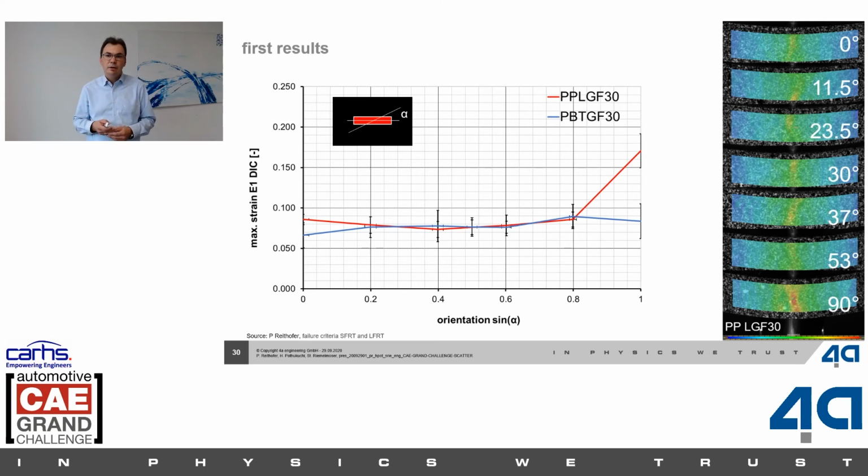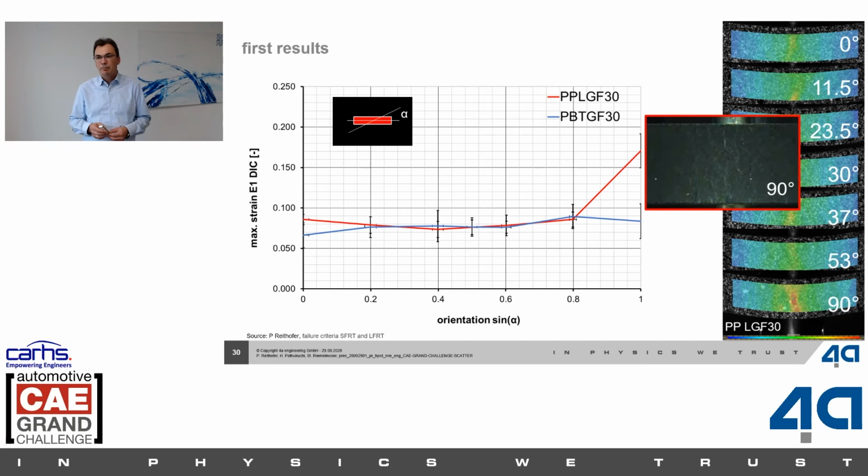At 90 degrees, especially for the long glass fiber reinforced, we get higher strain values. What is currently in further research, as we don't know if this is influenced by the fracture behavior and the measurement.